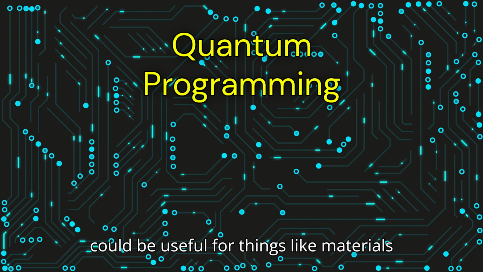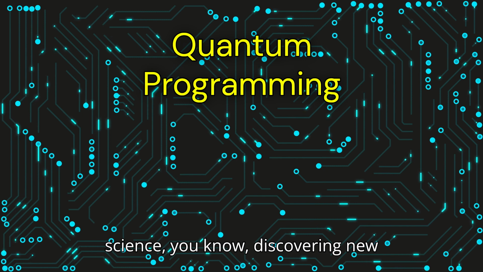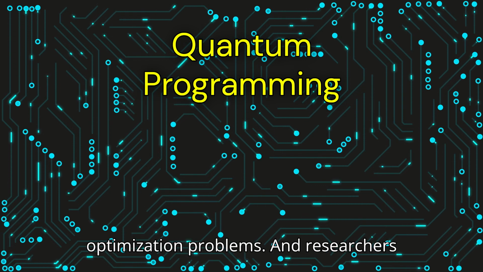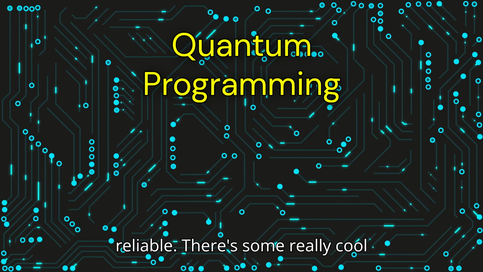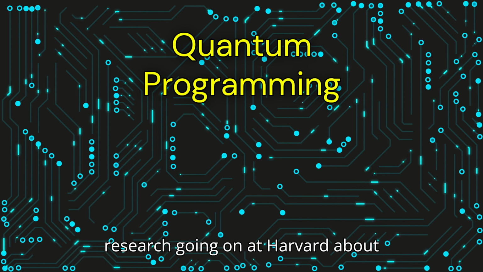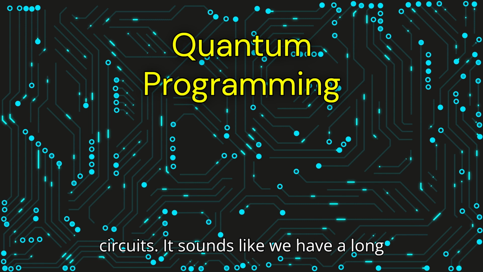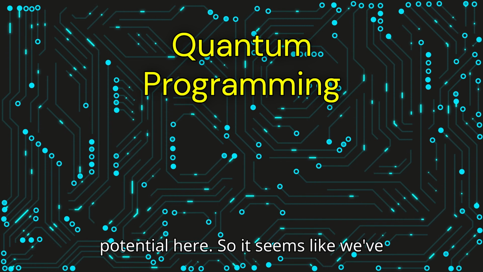They could be useful for things like materials science, discovering new drugs or solving really complex optimization problems. And researchers are working hard to figure out how to get rid of that noise and make them more reliable. There's some really cool research going on at Harvard about building error-correcting quantum circuits. It sounds like we have a long way to go, but there's a lot of potential here.